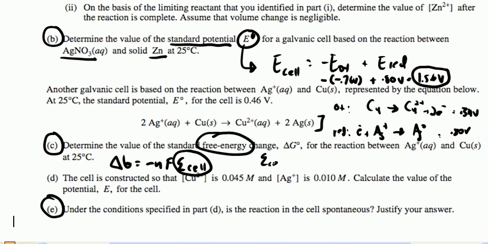And I know that E cell equals negative E ox plus E reduced, which is negative 0.34 plus 0.80 volts, which is 0.80 minus 0.34, so that should be 0.46 volts.